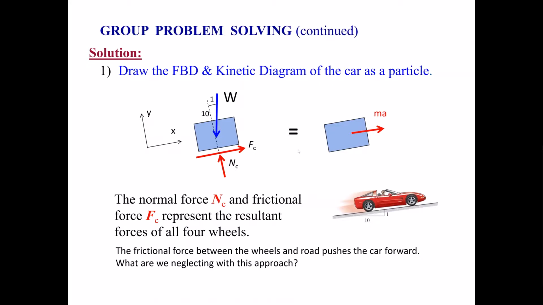And that force will result in giving us an acceleration. Friction in the opposite direction we're neglecting, and we also aren't looking at any wind resistance or anything else that might be impacting this.